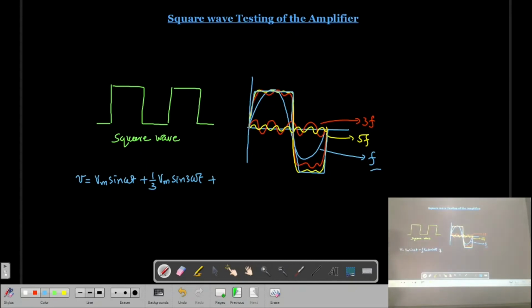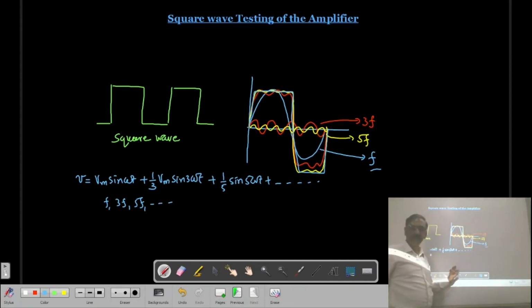Then the fifth harmonic, 1 by 5 sine 5 omega t, and so on. In this square wave, f is present, 3f is present, 5f is present, 7f is present.